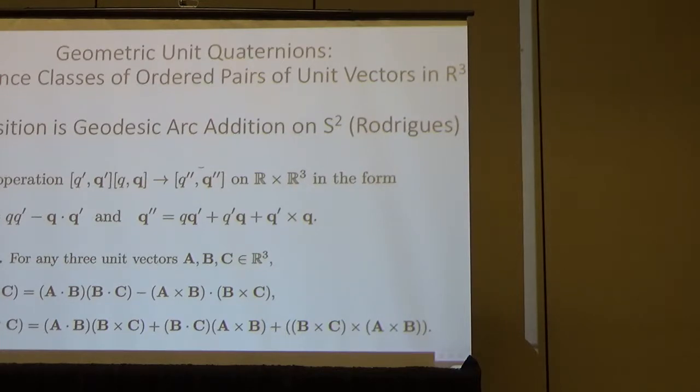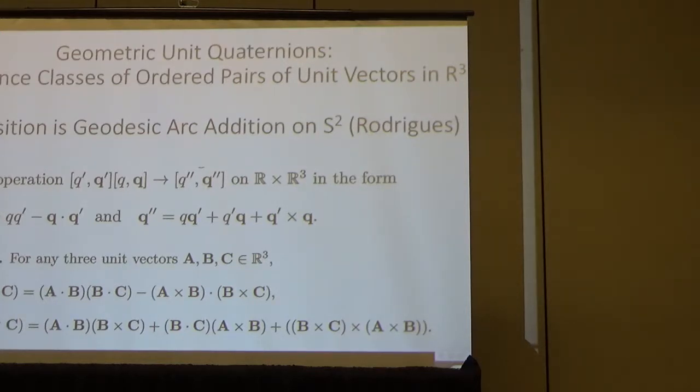If I know this arc, it's the equivalent, just like vector addition along its great circle, of the same unit quaternion. And this is the same unit quaternion. Any two great circles always intersect. I can find their intersection point, put the head of one at the tail of the other, just like in your picture earlier. Find the geodesic arc from the start of the first to the end of the second. That's isomorphic to quaternion multiplication.